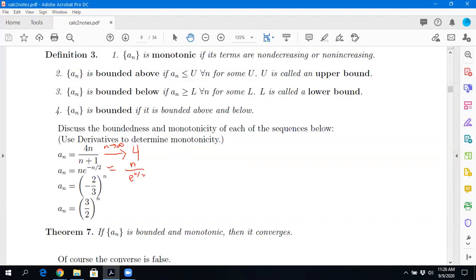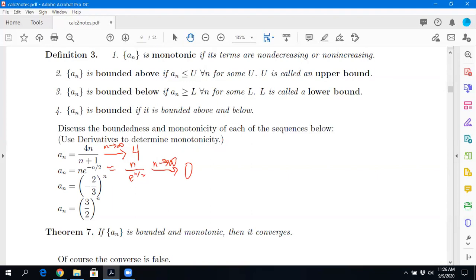Both of these things go to infinity, but what's going to win? The exponential is going to just destroy the polynomial, yes? So what is this going to go to as n goes to infinity? That's going to go to 0. You could use L'Hopital's rule to discern that if you wanted to.